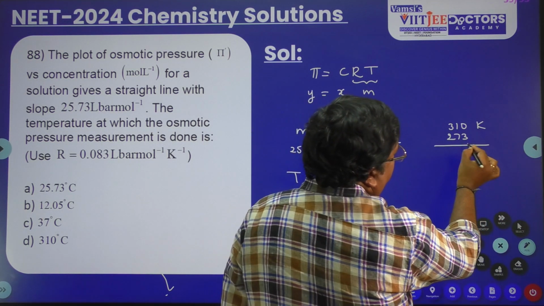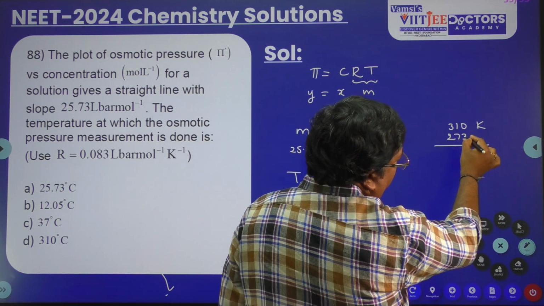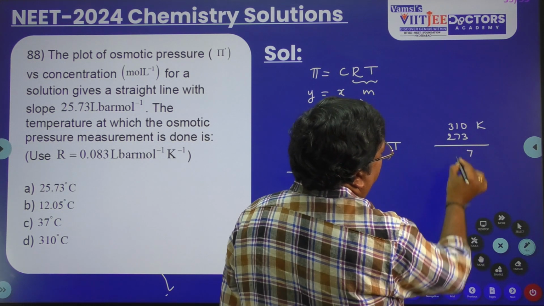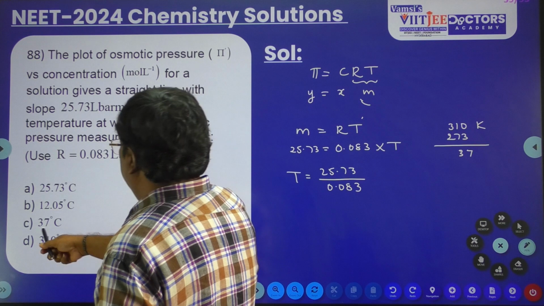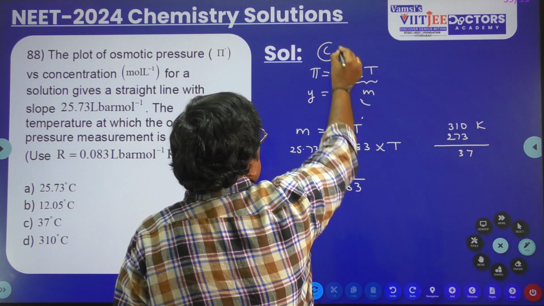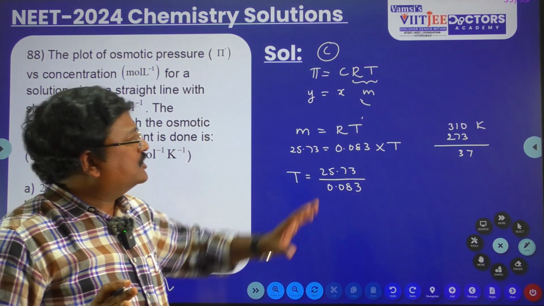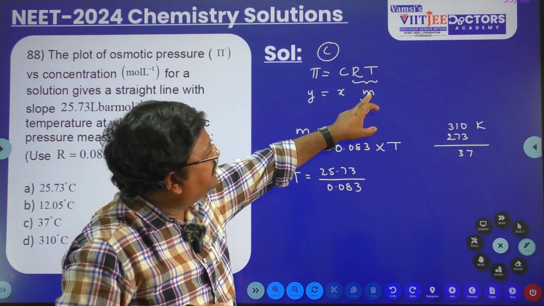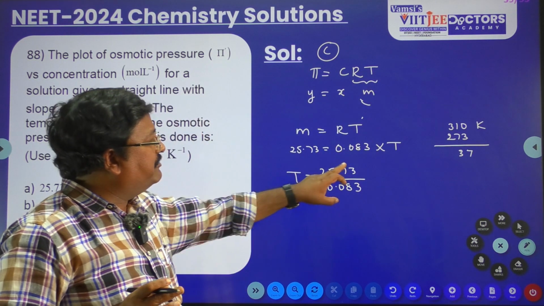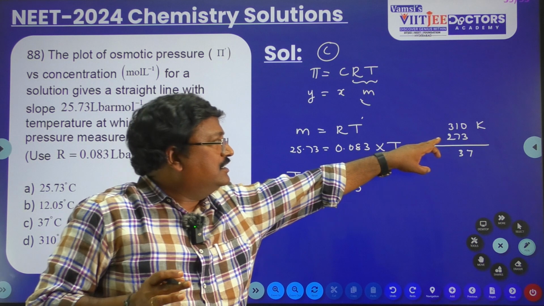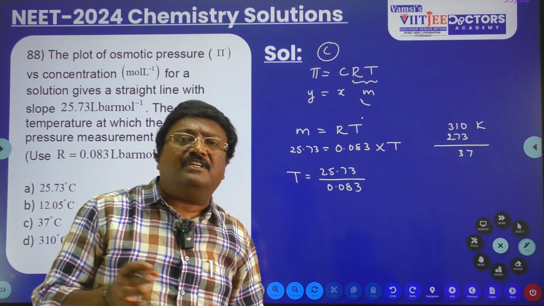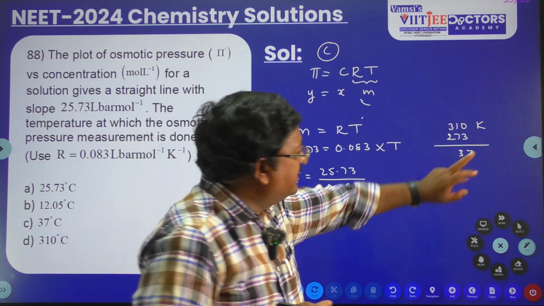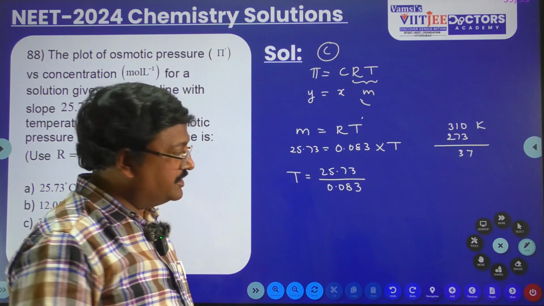So by this, we can get 37 degrees Celsius. Answer is C. Here, we have to check the slope. Slope, we have to consider it as RT. From slope, we can get the value in terms of Kelvin scale. But answer has been given in degrees Celsius. So we can get 37 degrees Celsius.